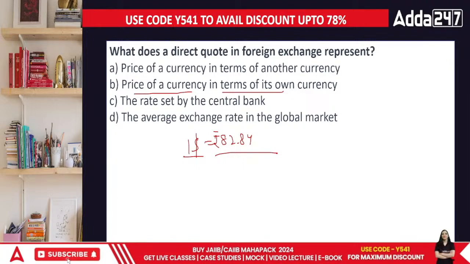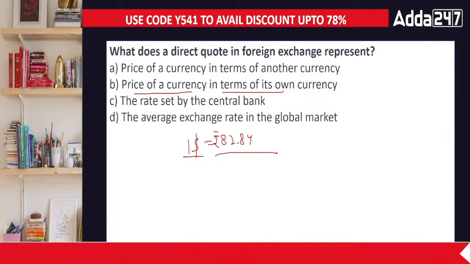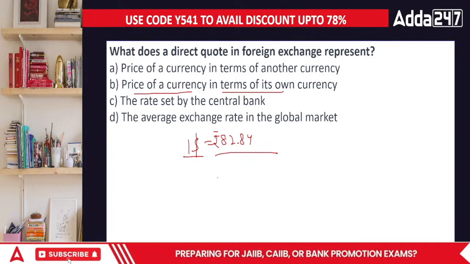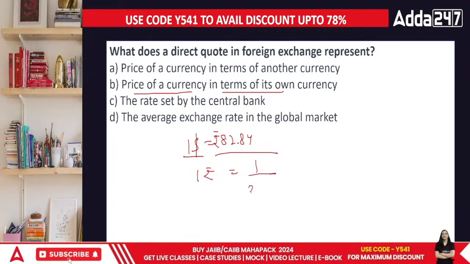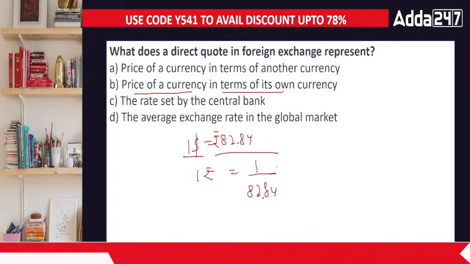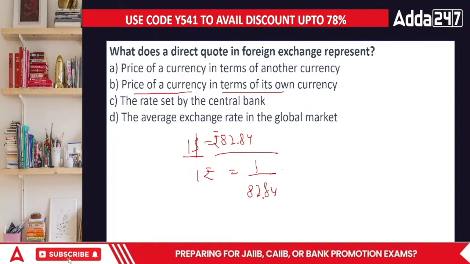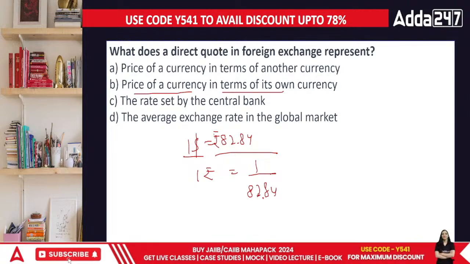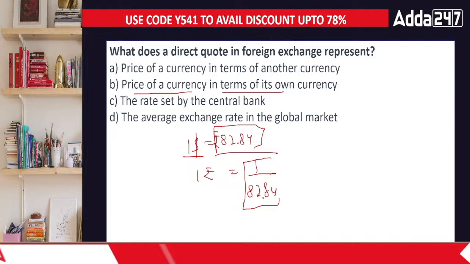And what if they ask for indirect quote? How many dollars will you buy with 1 rupee? So it is going to be 1 rupee is equal to 1 divided by 82.84. This is conversion, everyone. Okay? In this case, this is the formula.